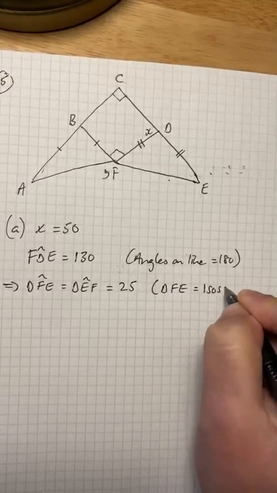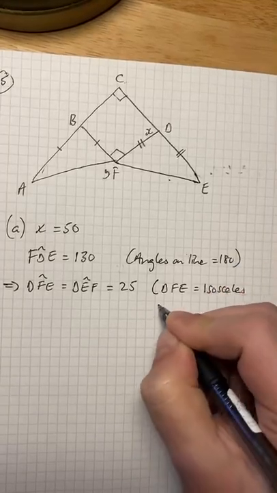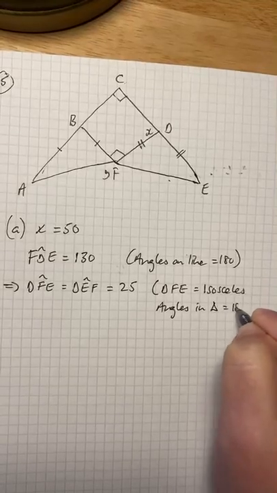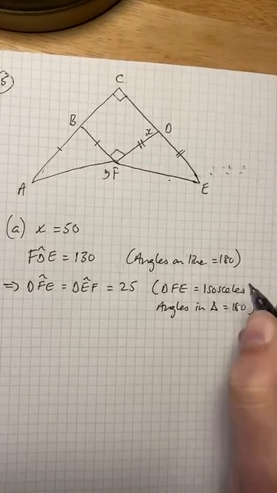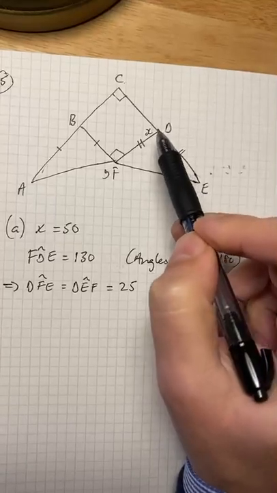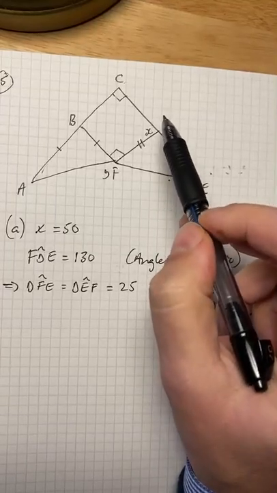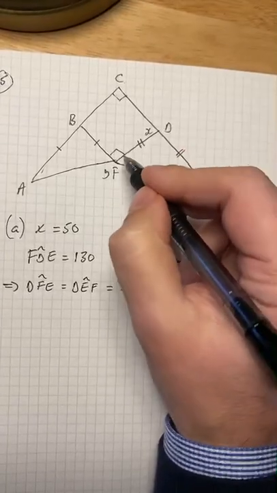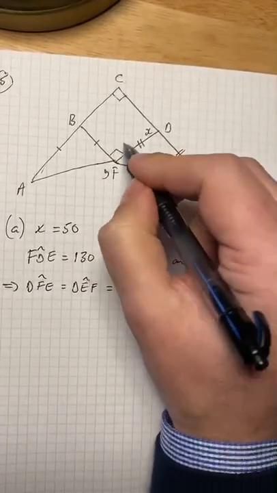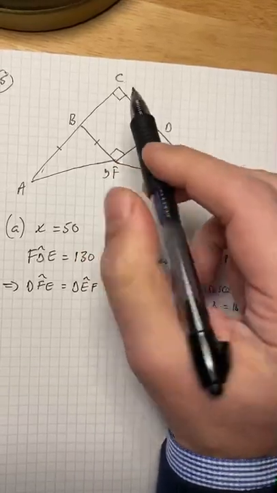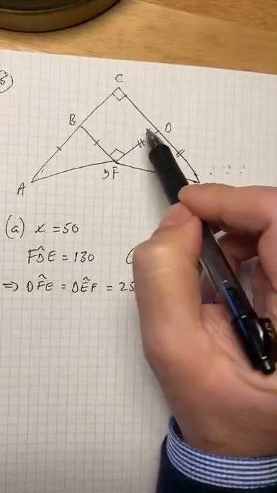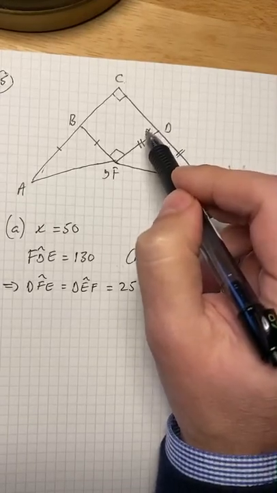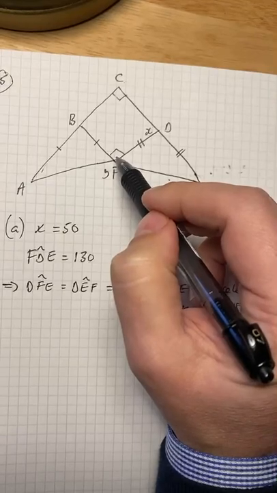So that's isosceles. Angles in a triangle equal 180. So we know that that's 25. We're going to try and get to this sort of circle, which is 360. So going to the other side, if that's 50, we've got 90 and 90, it's 180.